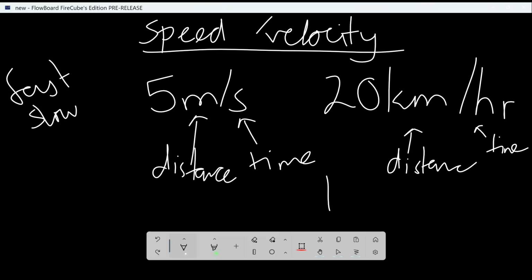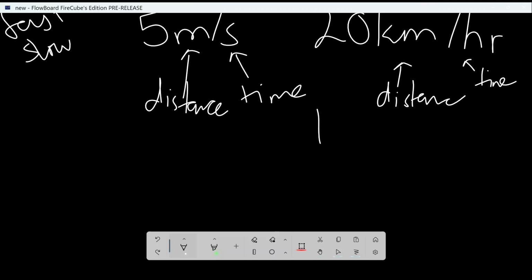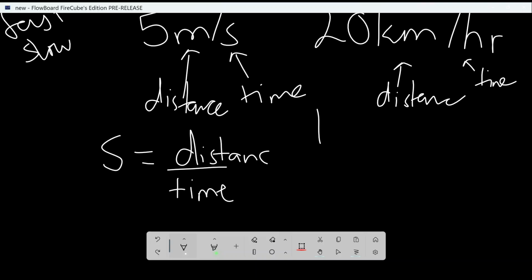So actually, if you think about it, and this is what leads us to the formula, speed is how much distance you cover in each period of time. The formula is speed is the distance that you cover in a time period.